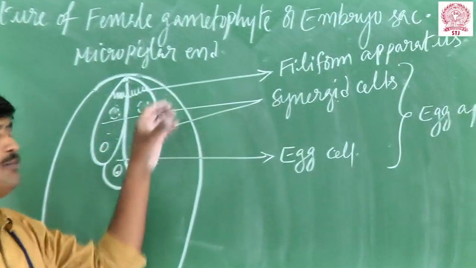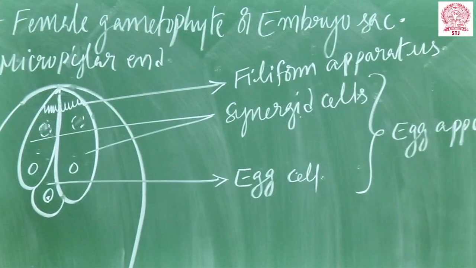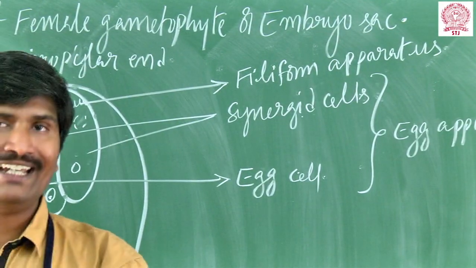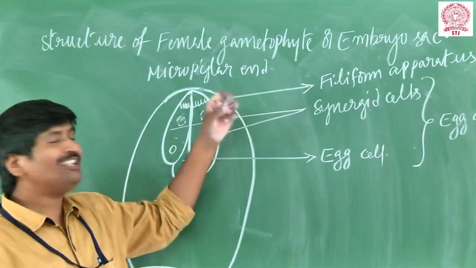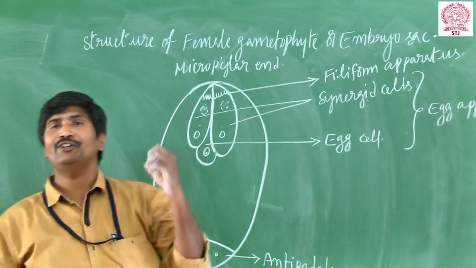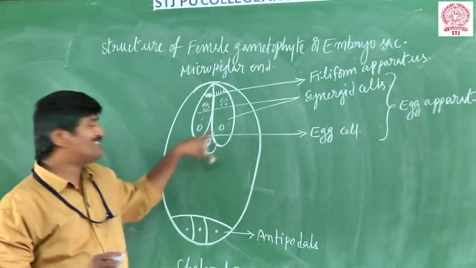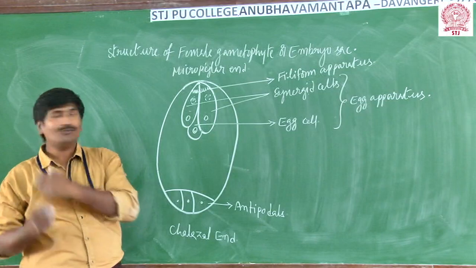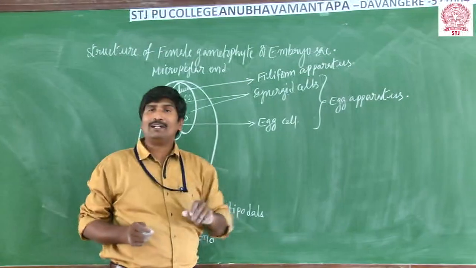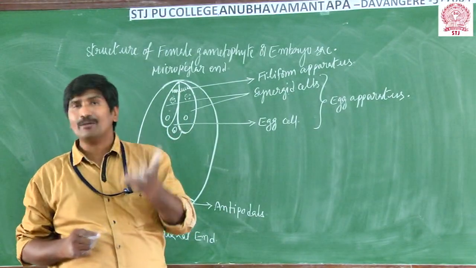The filiform apparatus has two main functions. One is that it receives food material from the nucellus, which is supplied for the development of the embryo sac. Second, the filiform apparatus secretes some chemicals.